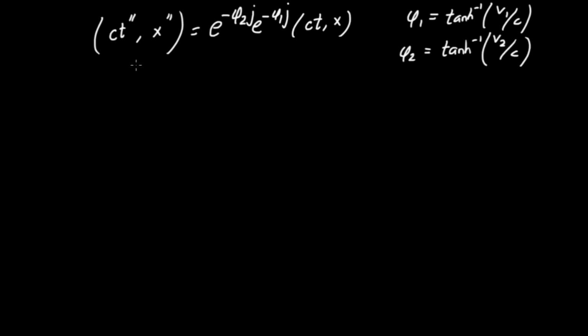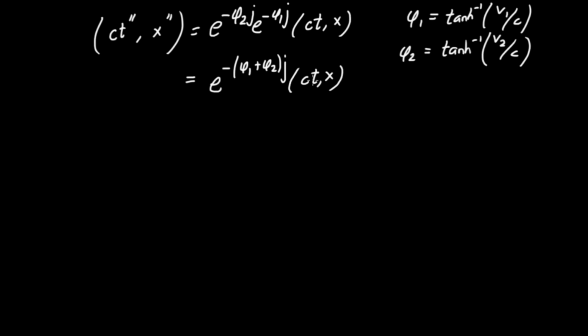Here I've moved all the equations to the top, and the phis are to the side. So here I have two exponentials multiplying one another, and I can do what you would normally expect to be able to do with exponentials. I can just combine them all into one. So I just add the arguments, and I get e to the minus the sum of phi 1 plus phi 2, all times j times CTX, gives me the double prime coordinates.